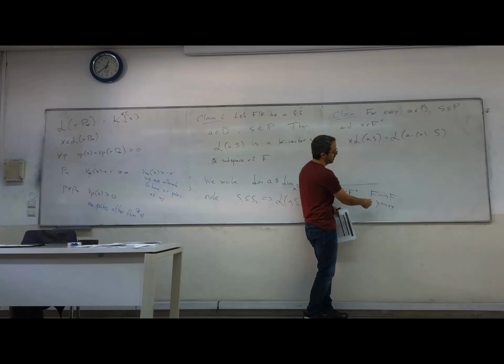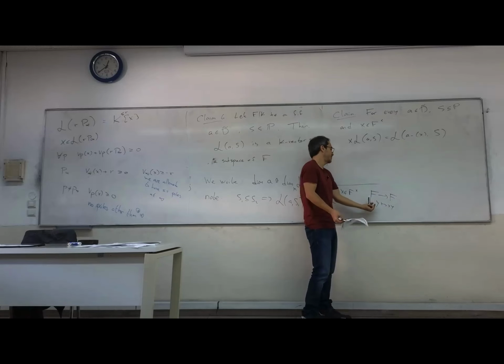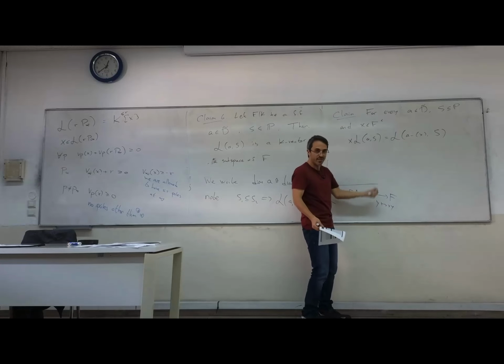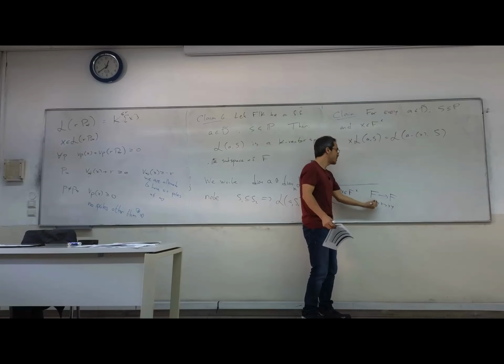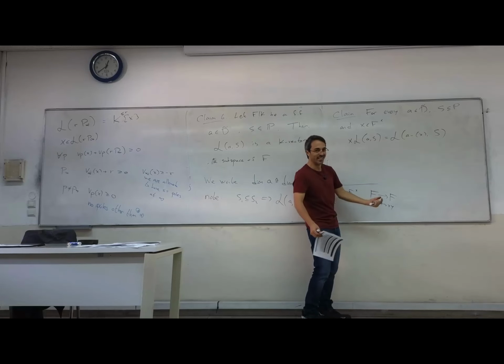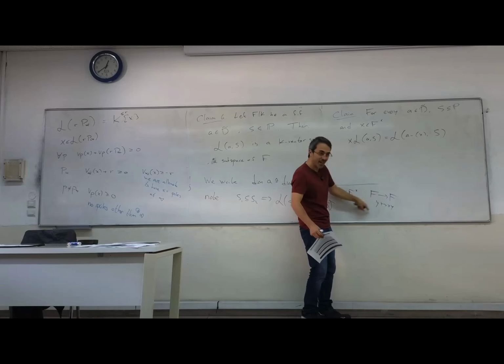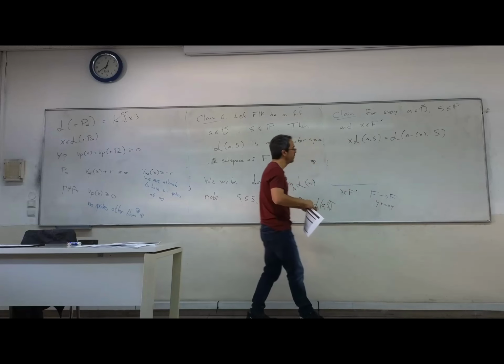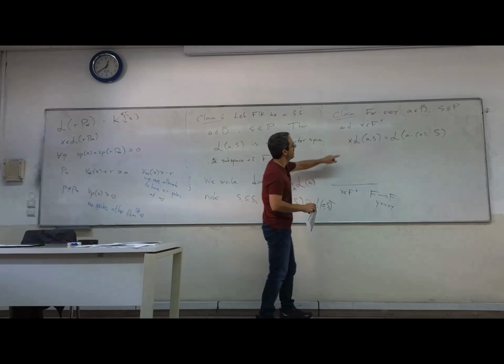And it's linear over k, because if you take a scalar a, then a times xy is like x times ay. It doesn't matter. So it's a k-linear map. And that's what I mean here.